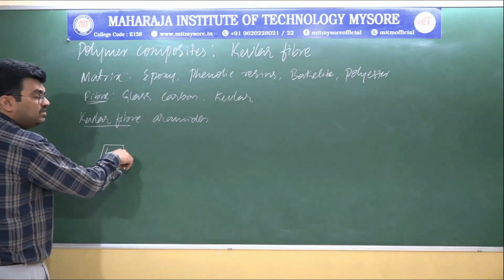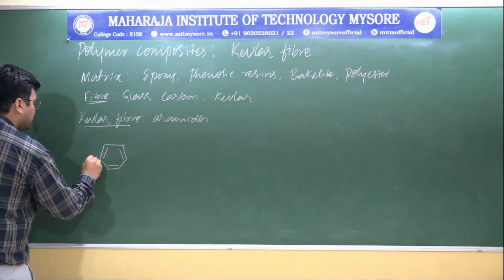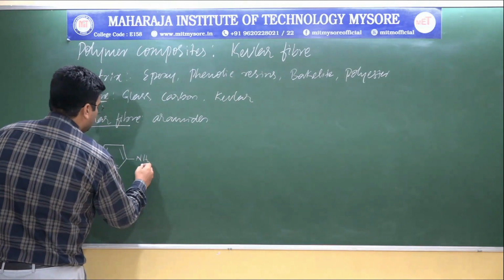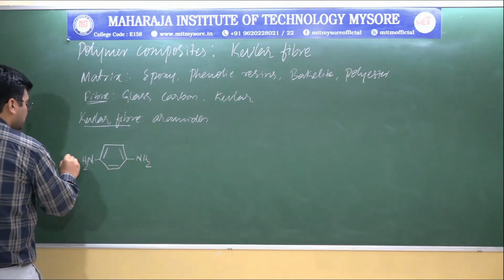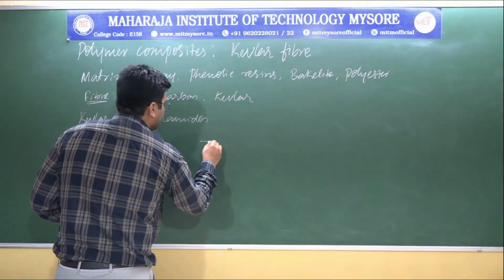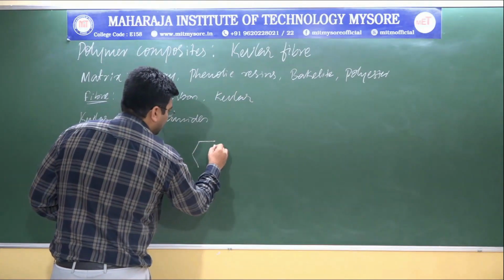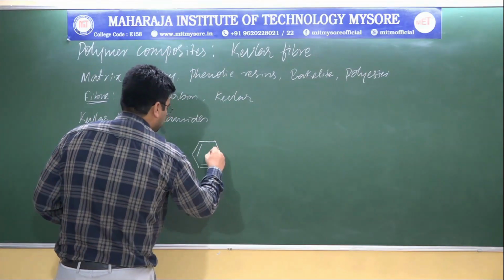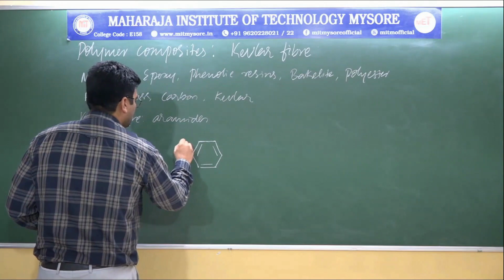Either you can write a circle, or you can write bonds. NH2, NH2. So this is paraphenylene diamine, with the amino groups at the para positions of the phenyl ring. Similarly, terephthalonyl chloride: C double bond O, Cl.